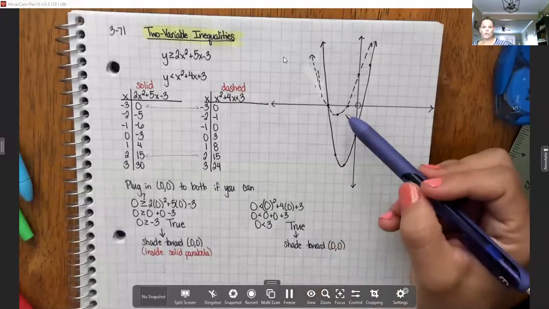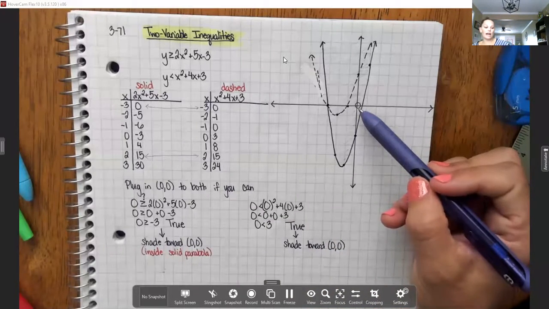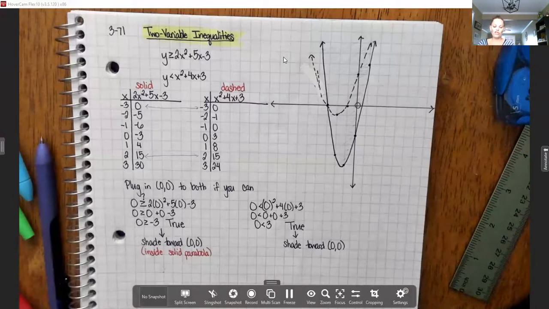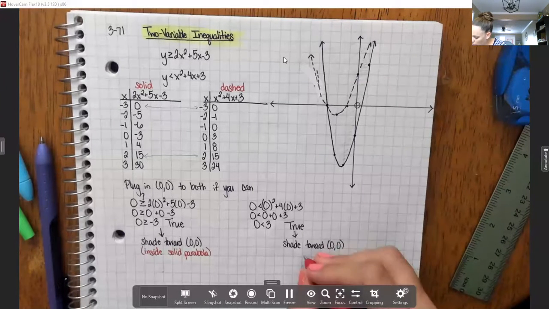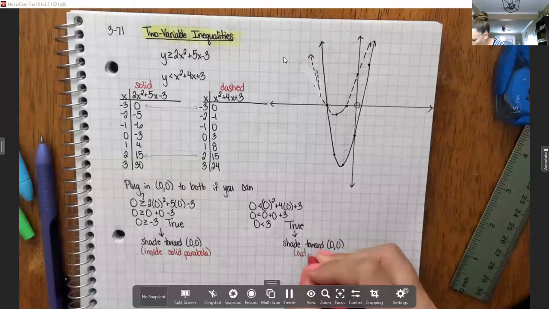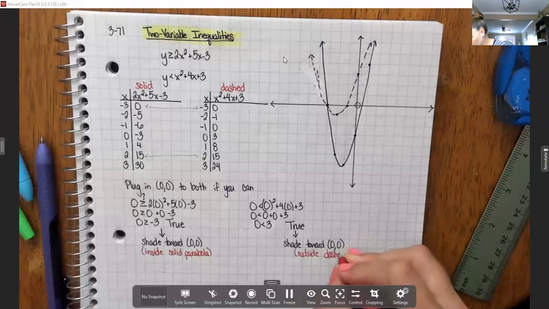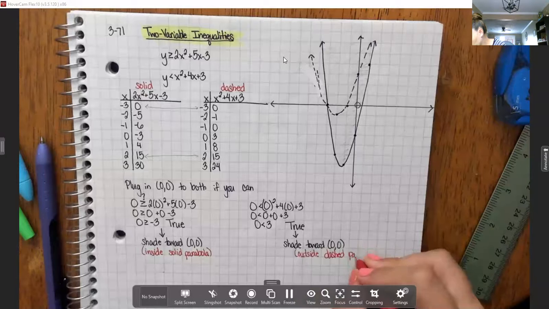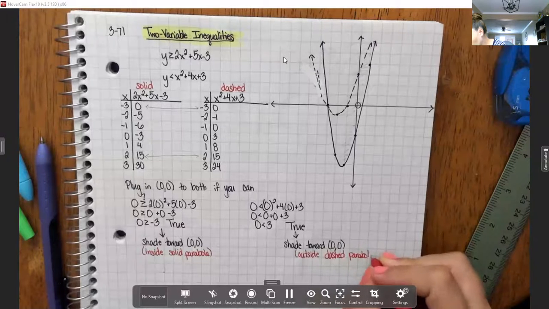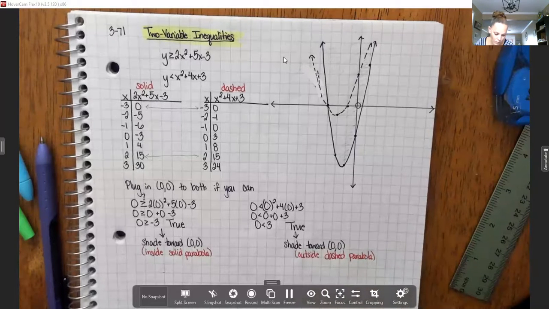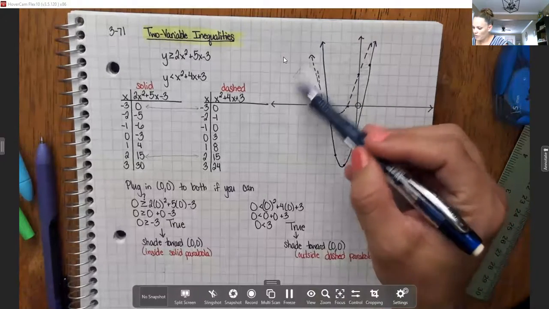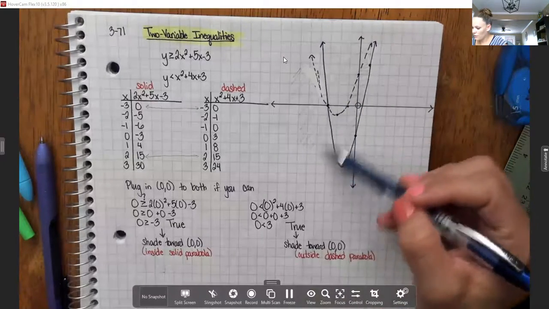This is the dashed parabola, and 0, 0 is outside of it. So we're going to shade outside of the dashed parabola. So that would be all of this stuff.